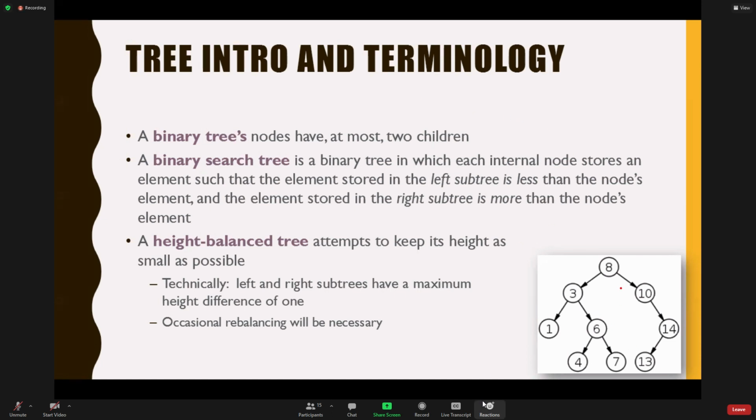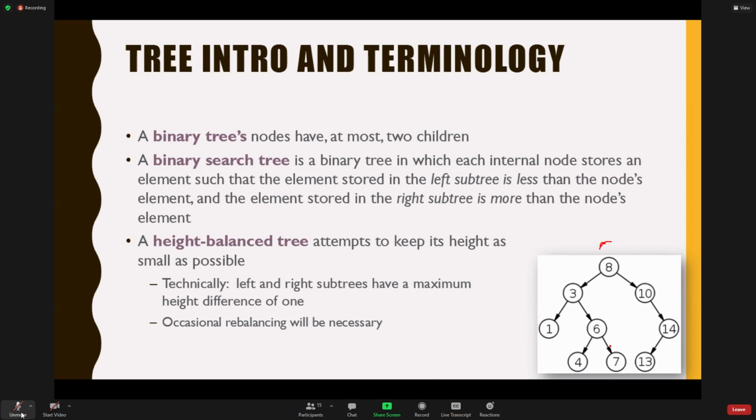That's the rule for a binary search tree. So this thing here is not a binary search tree, or is it? Let's look. So 8 is the root. So is this a binary search tree? So is 3 less than 8? Yes. Is 1 less than 3? Yes. Notice 6, 7, 4, those aren't bigger than 8. So everything on the left, in fact, is less. Is 6 bigger than 3? Yes.